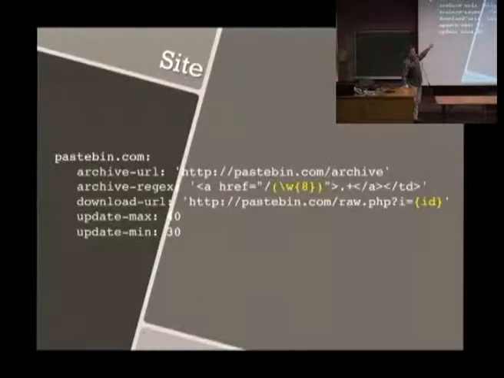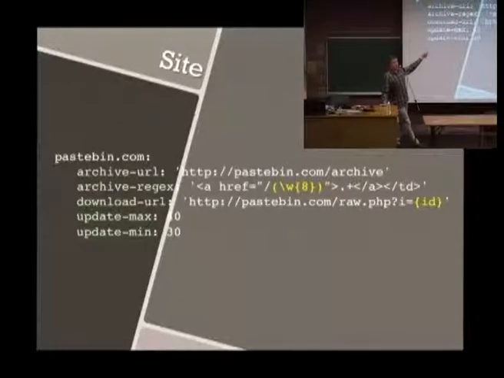There are also two parameters, update max and update min. That's to add some variable parts in the download. So it will download or check for updates of the archive URL in a range between 30 and 40 seconds, so that automated tools will have less chance to detect you.